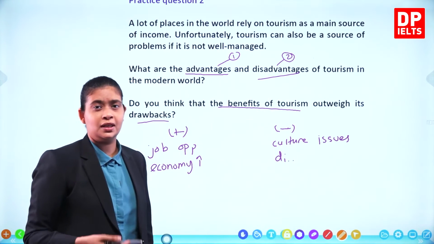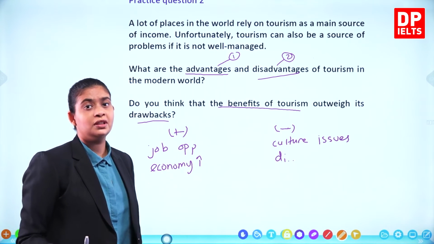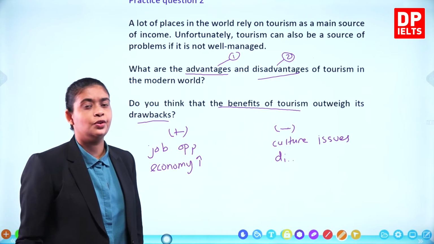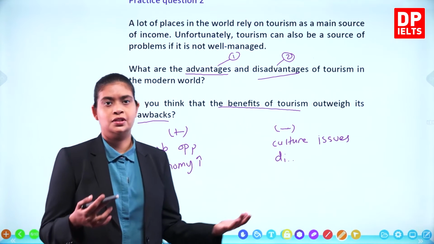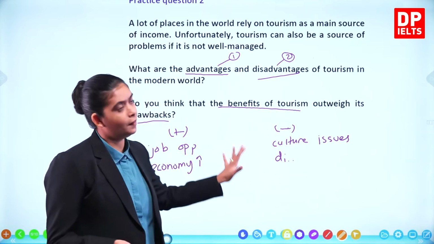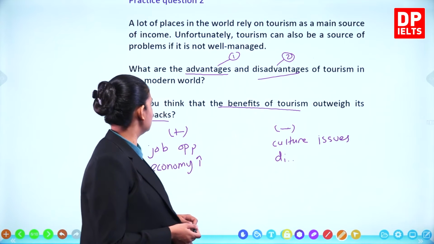So sometimes we get AIDS and other kind of diseases which are not very prominent in Sri Lanka or anywhere in the world, okay? So this could also be another problem. So you could think about the different pros and cons, right? And you could jot down your own mind map. Now, do you think that the benefits of tourism outweigh its drawbacks?